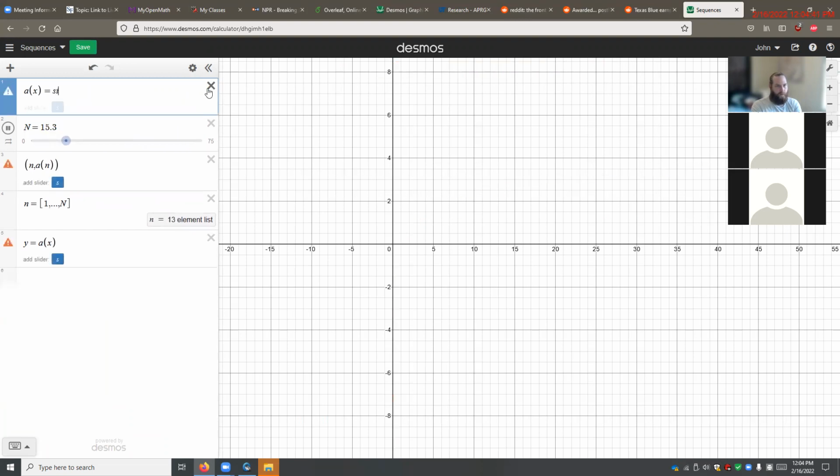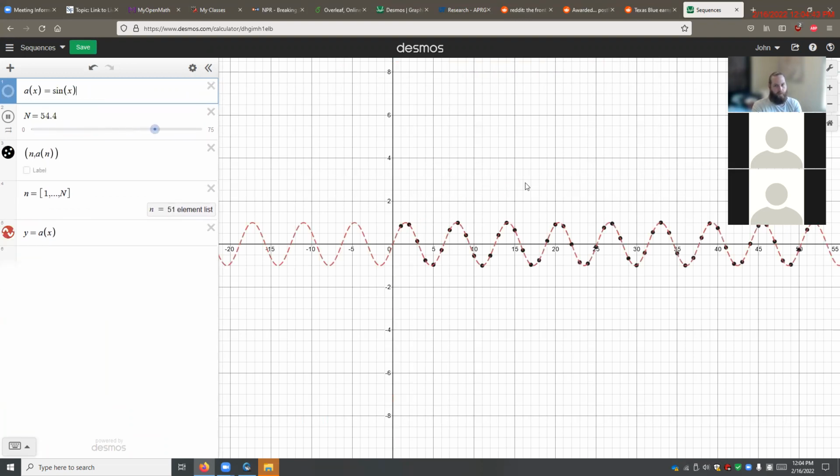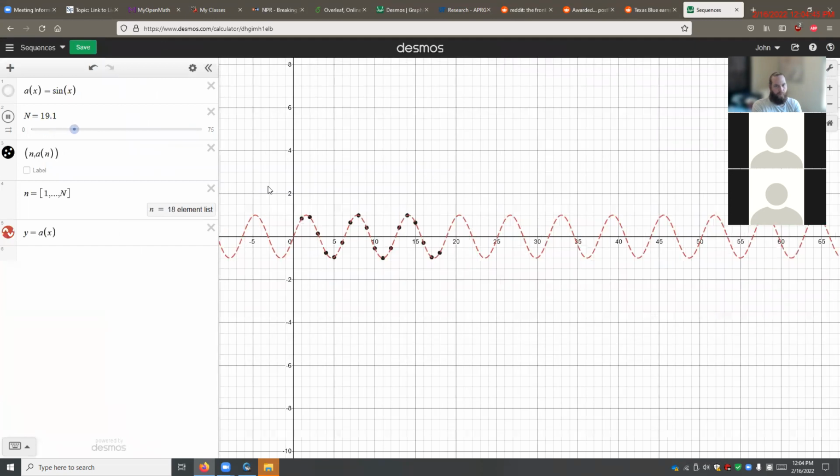Let's just look at the sine function. All right, so the red dotted graph, that's sine of x. And the black dots, that's the graph of sine of n, the sequence, just the numerator.